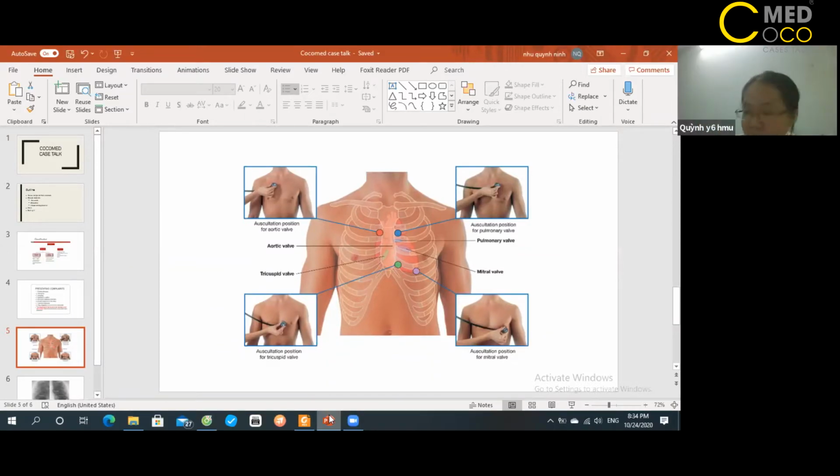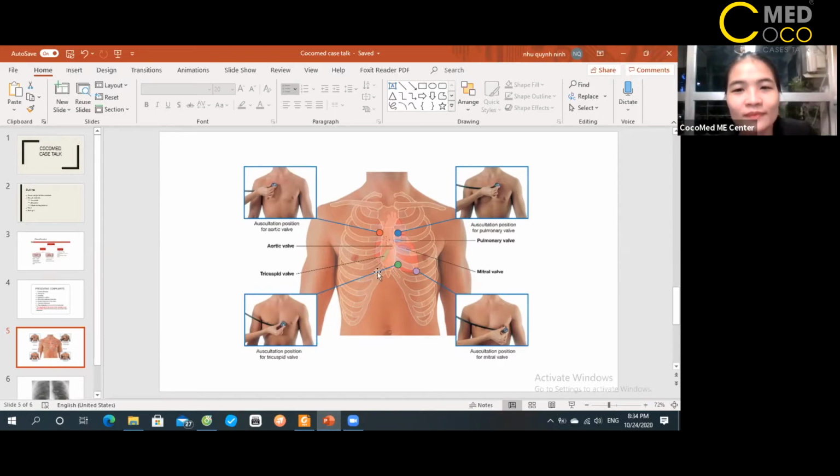Exactly. So it means there is something abnormal in the pulmonary valve that makes the blood flow create the murmur. It may be stenosis of the pulmonary valve, or increased blood flow through the pulmonary valve.